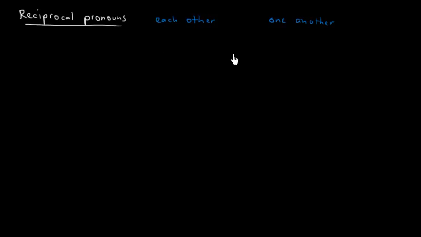We helped one another. Okay. And we can also have them in the possessive. We married each other's sisters, or we married one another's sisters.